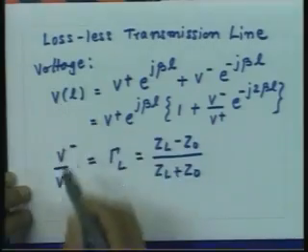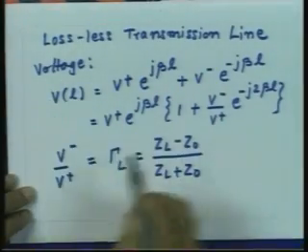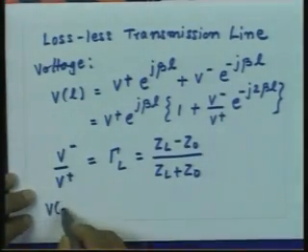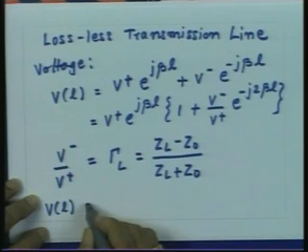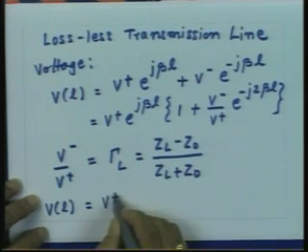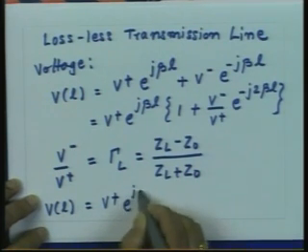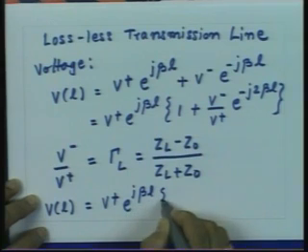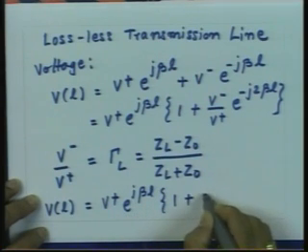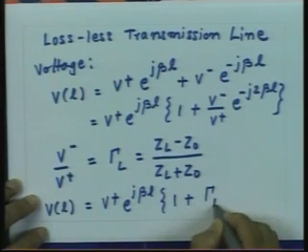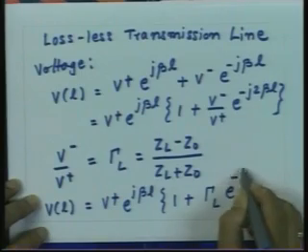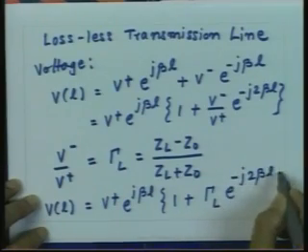So, now the voltage at any location on the transmission line can be given as V of L is equal to V plus e to the power j beta L into 1 plus gamma L e to the power minus j 2 beta L.